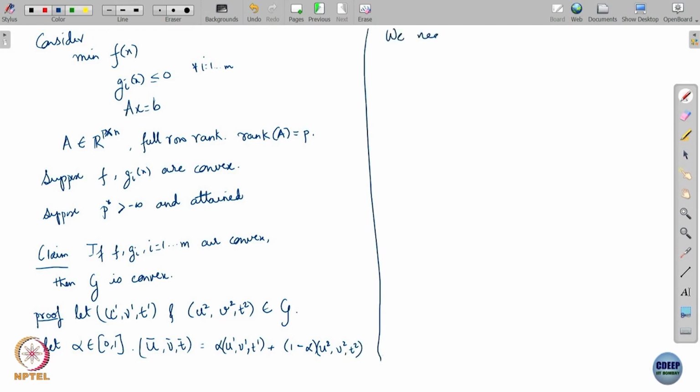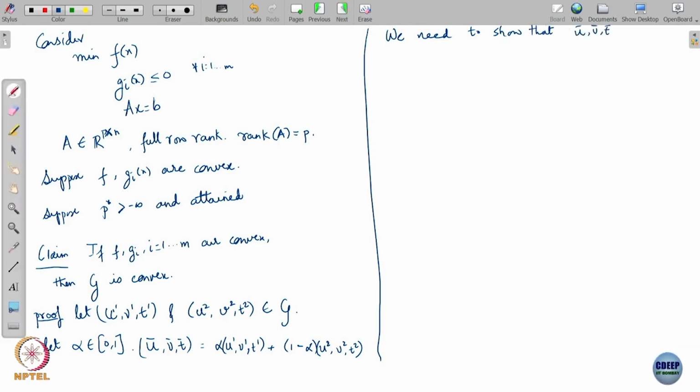Okay. We need to show that (u bar, v bar, t bar) belongs to G. So, how would you show that? What does it mean to show this?